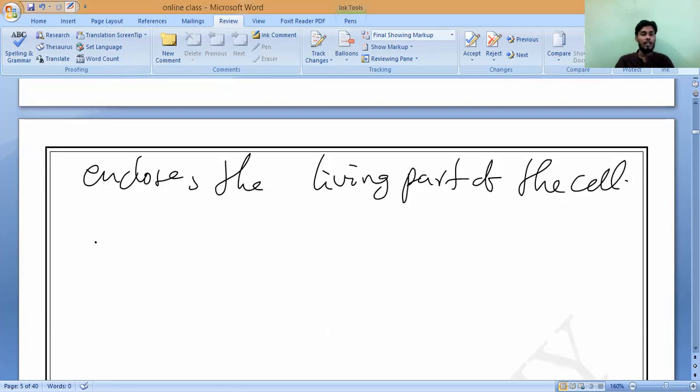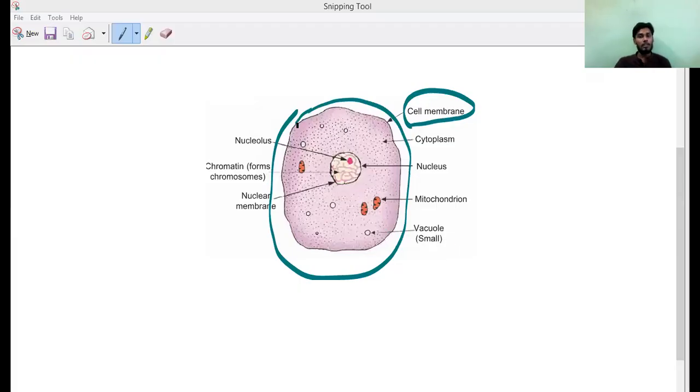For example, I have shown you this picture. It has a particular shape. Why does it have a particular shape? This is the cell. If there is no cell membrane, what will happen? The nucleus, mitochondria and the liquid cytoplasm inside will start flowing.